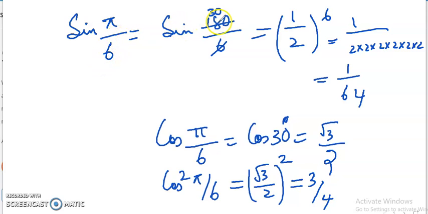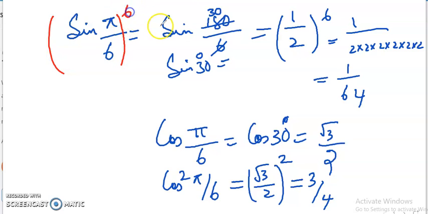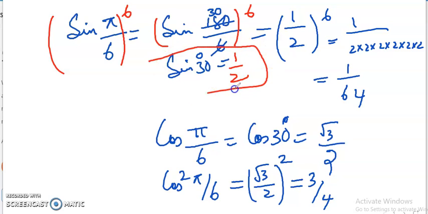Sine pi by 6 is sine 30 degrees. What is sine 30 degrees? Sine 30 is 1 by 2. We need power 6, so taking the power 6 of 1 by 2, we get 1 by 64.